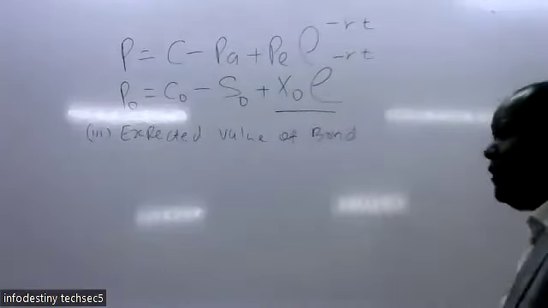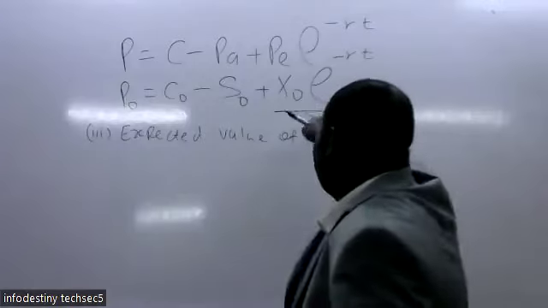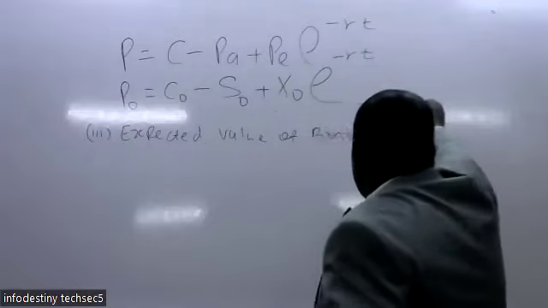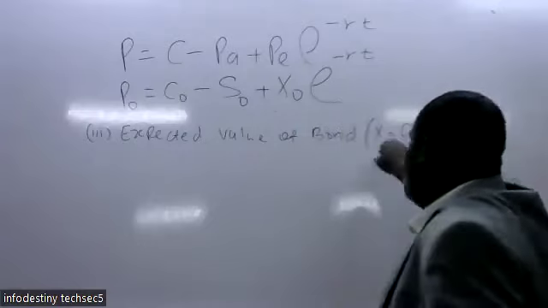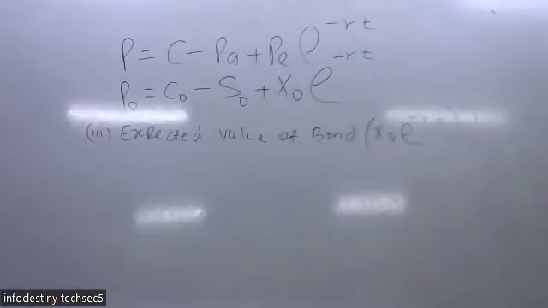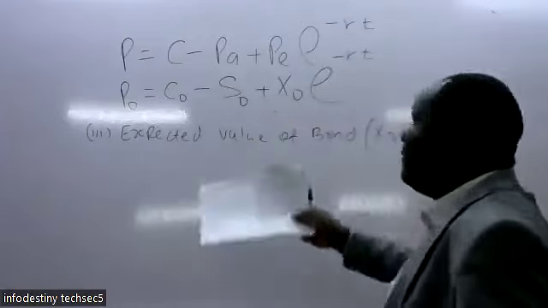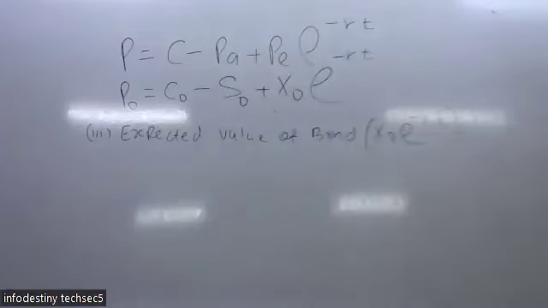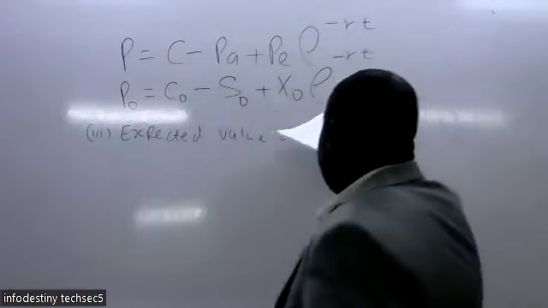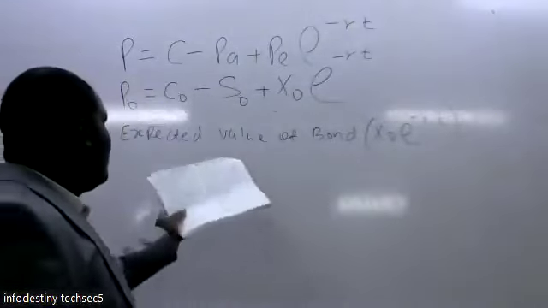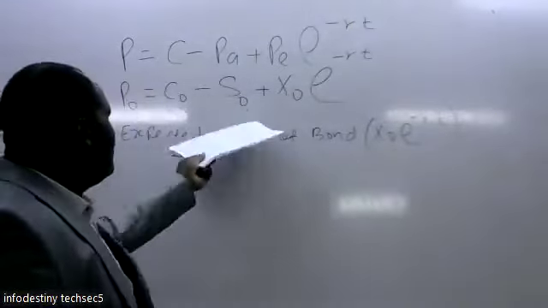So the expected value of the bond is what is meant to be this item here, the present value of the exercise price. We make it the subject. If you make it the subject, this one and this one will cross, so that it remains now on this side alone.